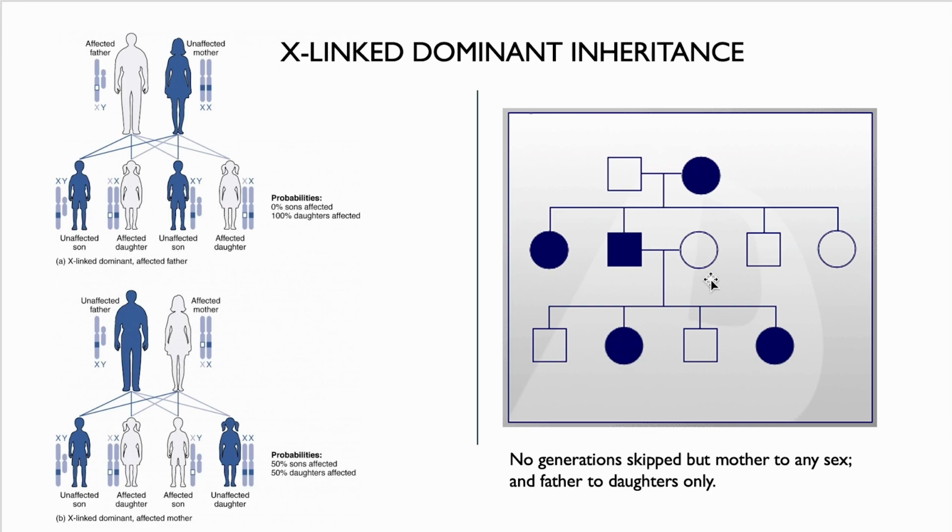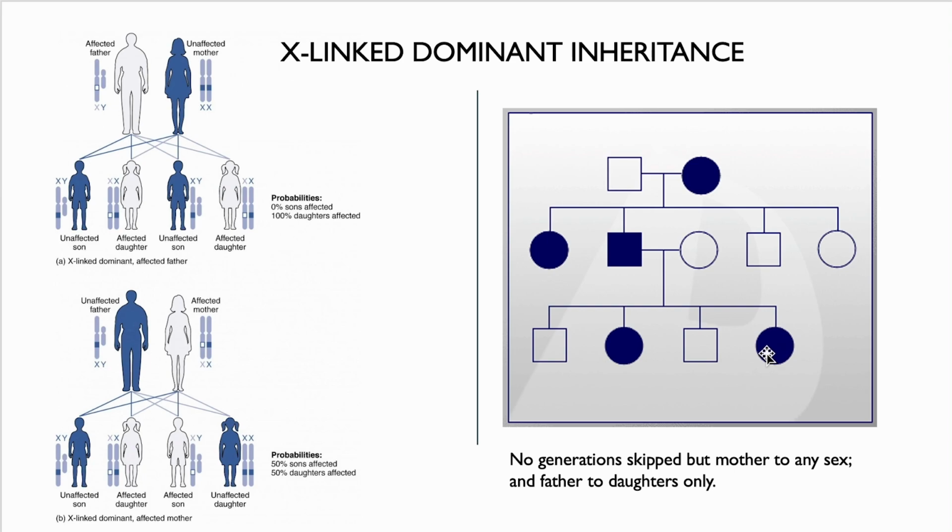How do we differentiate this from the autosomal dominant? Let's take a look. Look, this is a female that passed the disease. Only one copy is necessary, remember, to a female and a male. Now, notice that from a female, the mutation passes to both sexes, but from males, the mutation passes only to females.